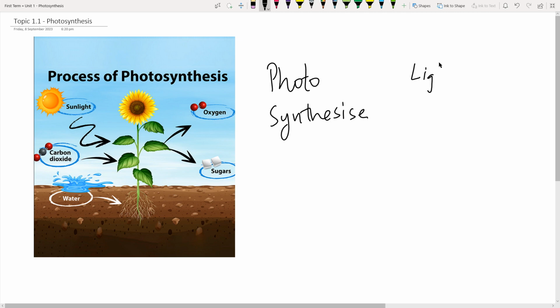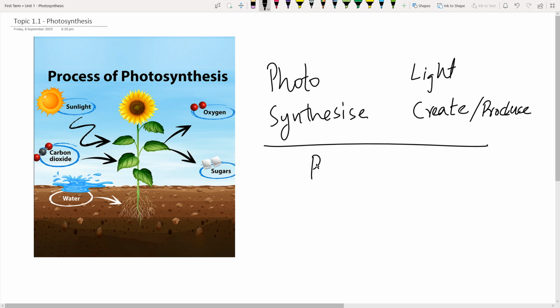Photo means light, and synthesize means to create, or generate, or produce. Many words can be used for this. So this is what photosynthesis collectively means: to create something using the sunlight.